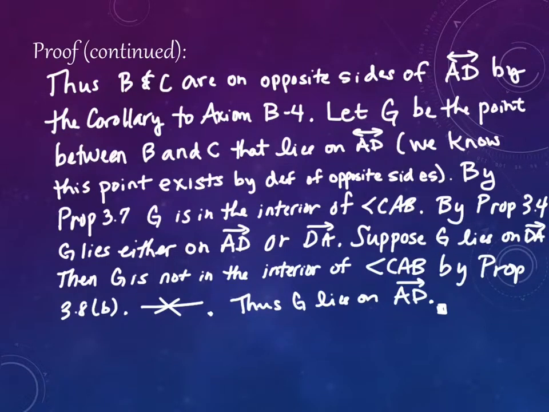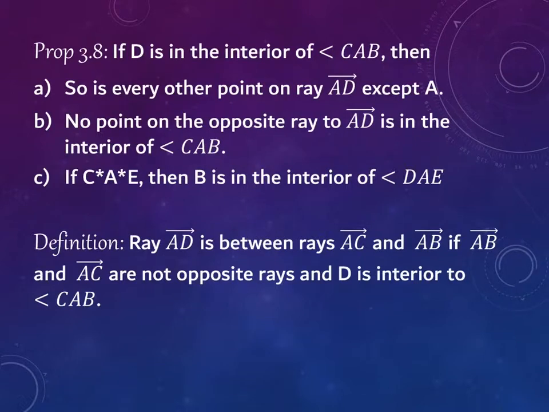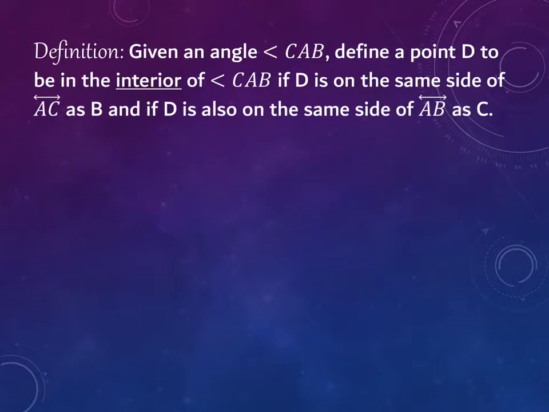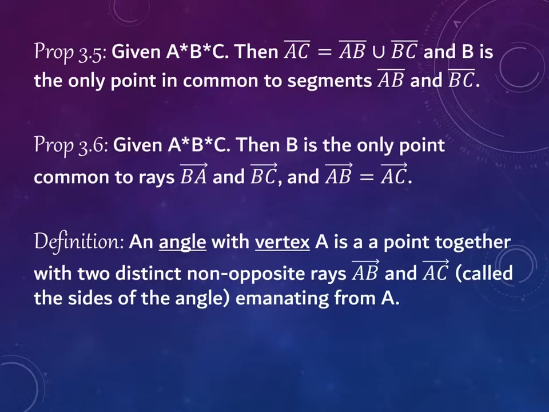I have a question. Yes, ma'am. You put a lot of propositions in there. Do we have a list of these? I gave them all when we did them in class last time, so they should be in your notes. If you go back through, here's proposition 3.8. I think we cited both B and C on this particular argument. There's proposition 3.7. The propositions are all in your notes, 3.6, 3.5.